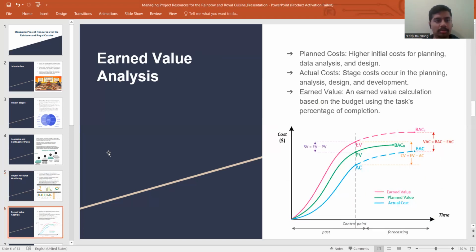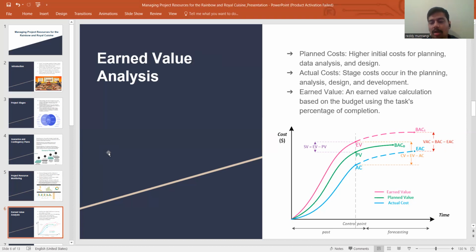The next slide goes to earned value analysis. This is one of the important slides, showing how earned value is shown. In simple words, initially we planned a budget value, and actually on site there would be some other costs that occur.